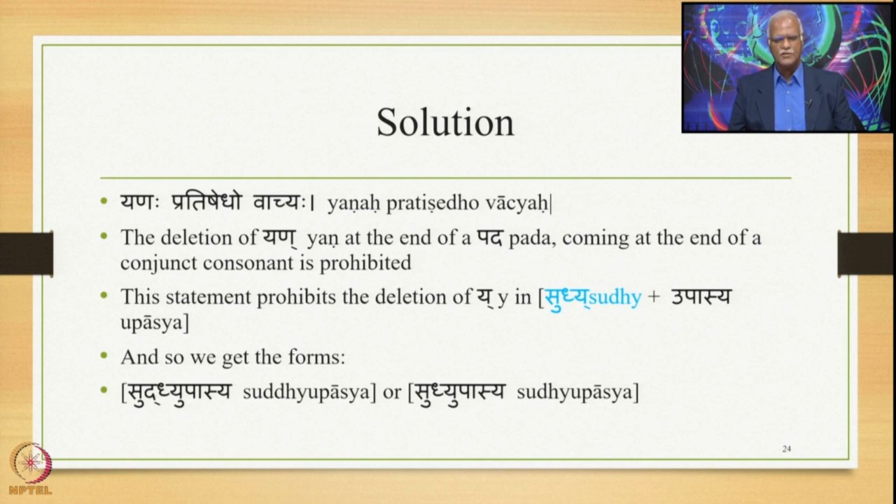This statement prohibits the deletion of ya in Sudhya and Upasya, and so we get the forms Sudhyupasya or Sudhyupasya. So, this ya at the end of the Purvapada is not deleted. This is how the later Paninian grammatical tradition removes this particular gap by providing this particular solution in the form of a statement of a Vartika.